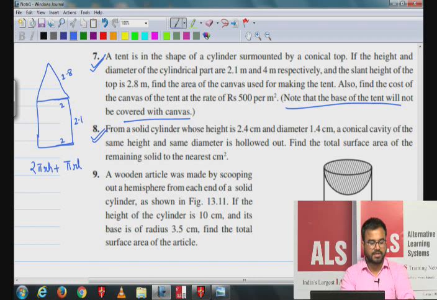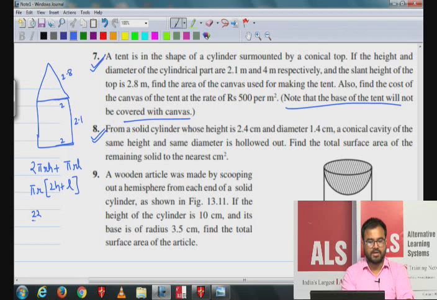Only these two things we have to do. While doing these, we can take pi r as common, so it is 2h plus l. We know the radius, we know the height for the cylinder, and we know the slant height also. So it's very easy now.